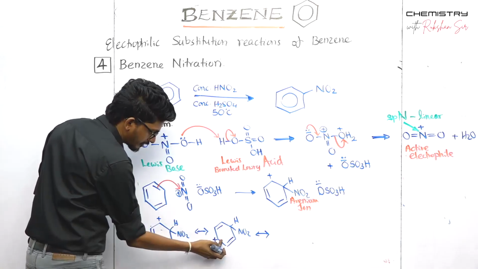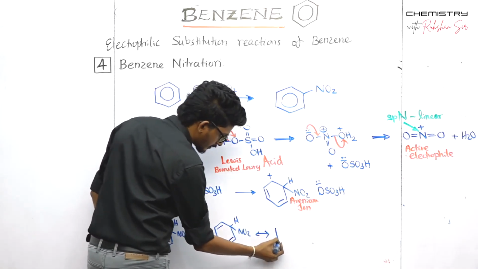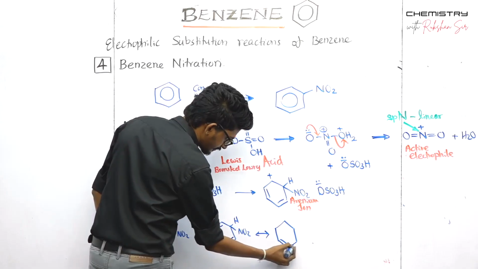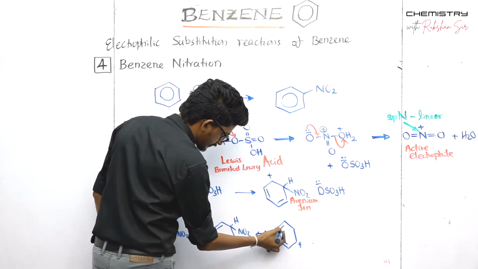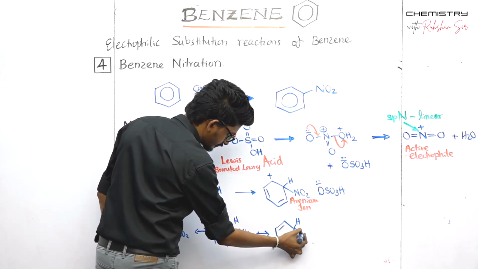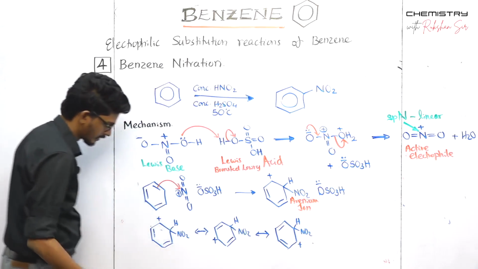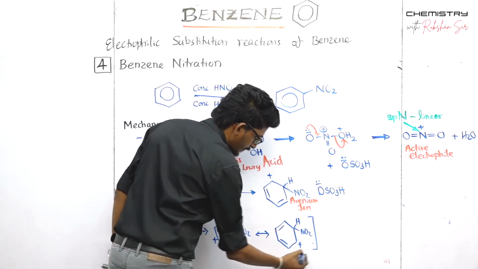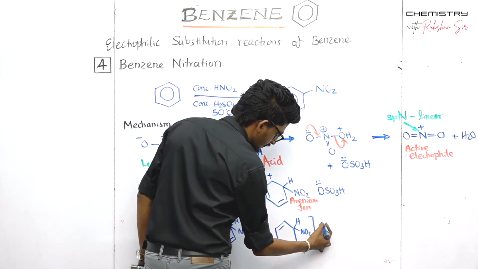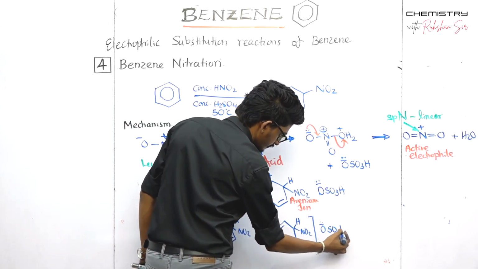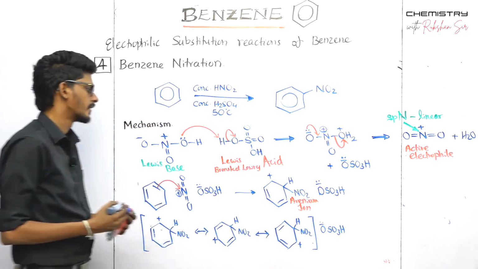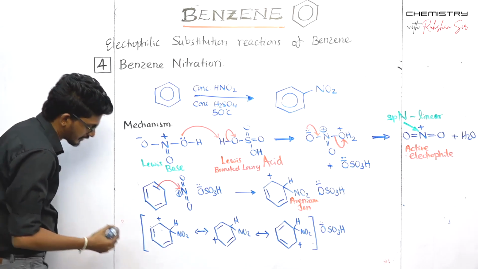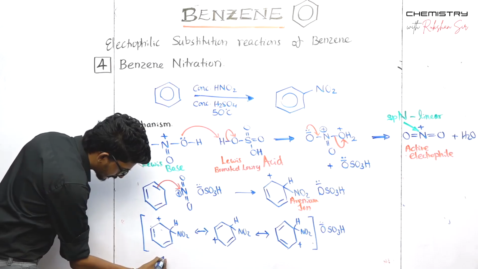When these electrons are coming towards here, this gets a positive charge, right? The final step is regeneration of the catalyst with the product.